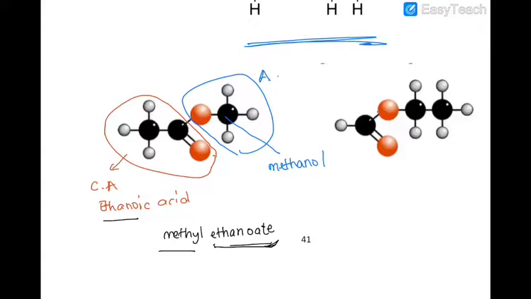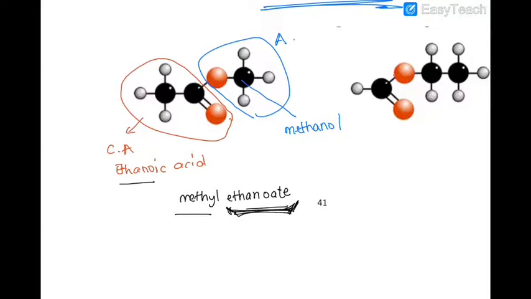Ethanoate, so you can also remember it in this way, that the carboxylic acids generally form salts. For example, hydrochloric acid forms chloride, sulfuric acid forms sulfate. So for example, methanoic acid will form methanoate, ethanoic acid will form ethanoate, propanoic acid will form propanoate.